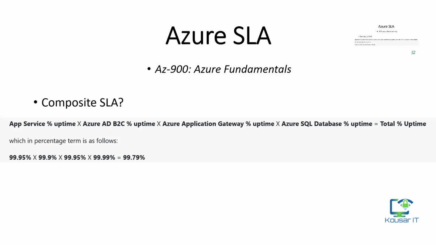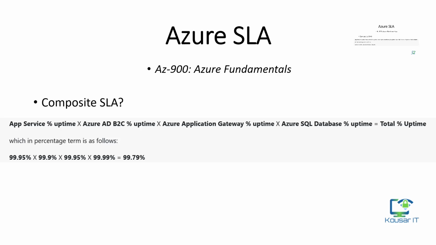There are different components. There are standard or basic SKUs. Basic SKUs have 99.95 and far fewer advantages, and in standard there are higher advantages and a higher SLA time.